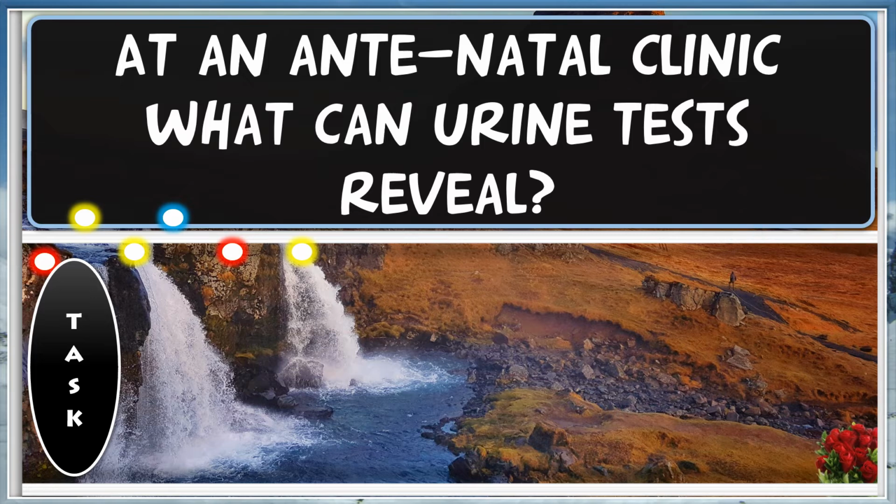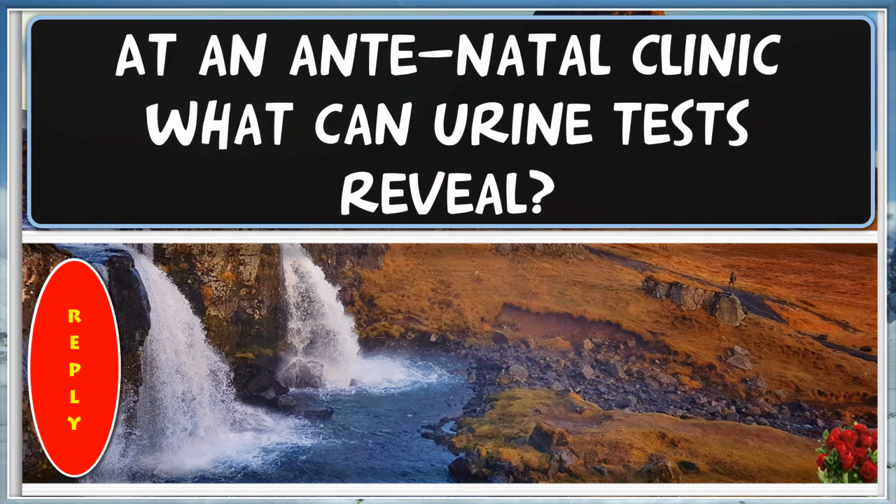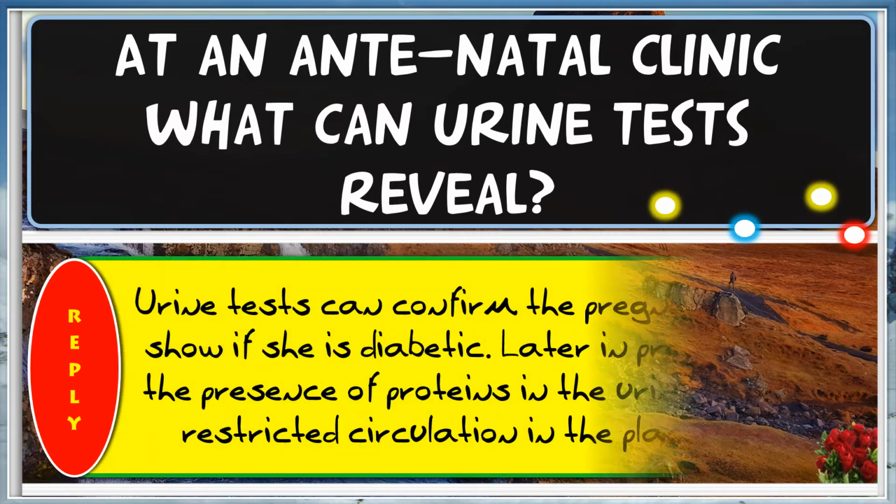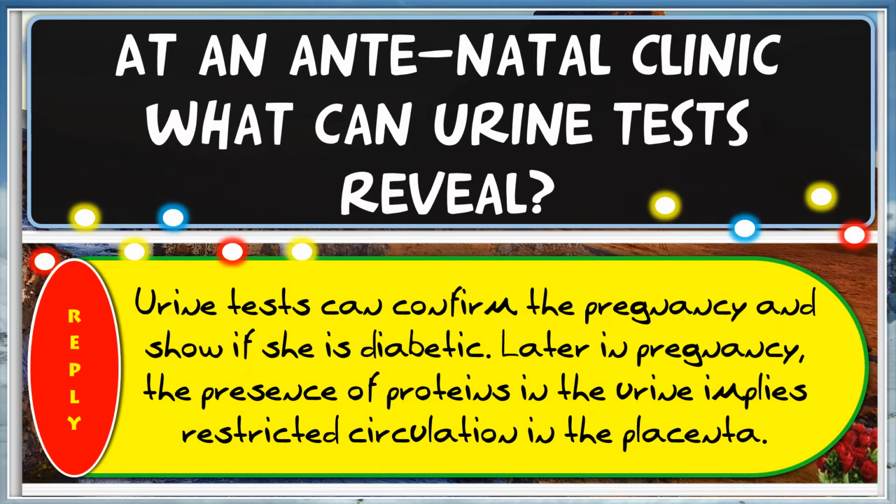At antenatal clinic, what can urine test reveal? Urine tests can confirm the pregnancy and show if she is diabetic. Later in pregnancy, the presence of proteins in the urine implies restricted circulation in the placenta.